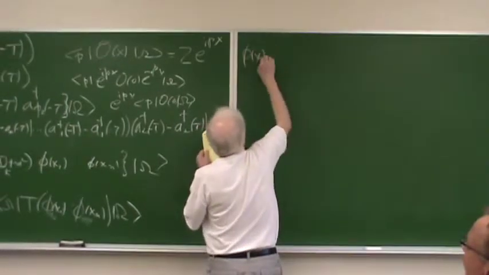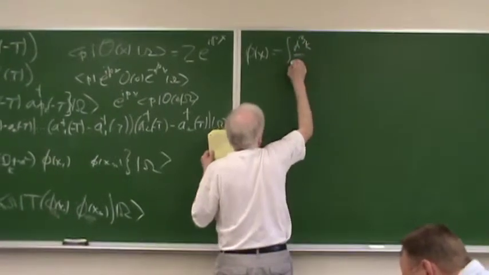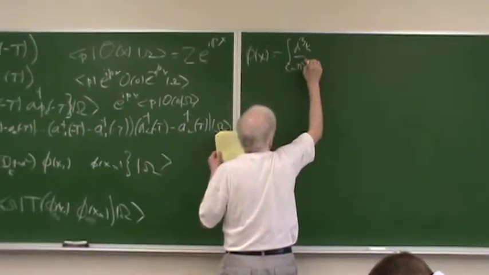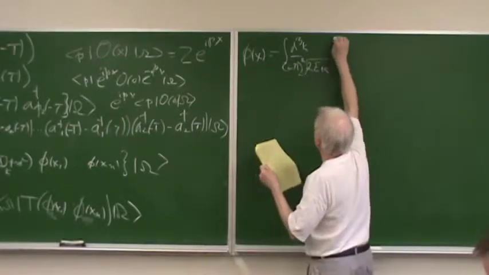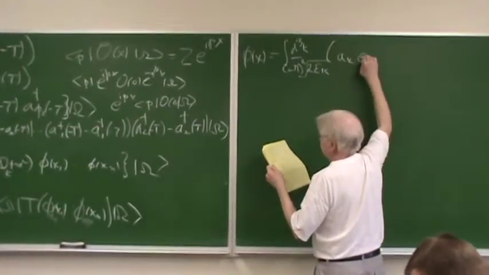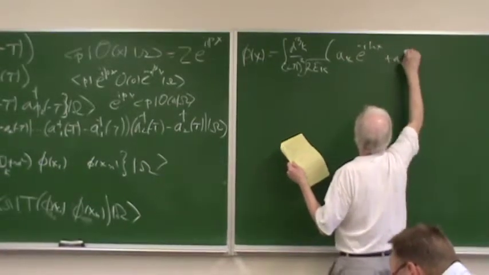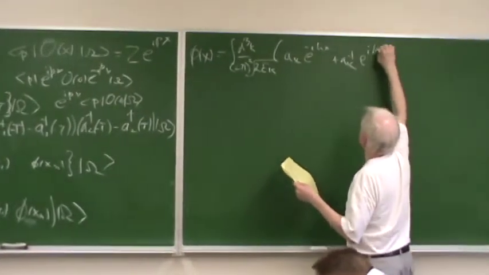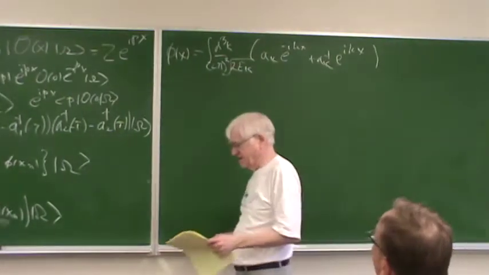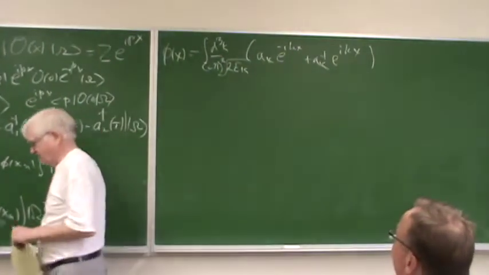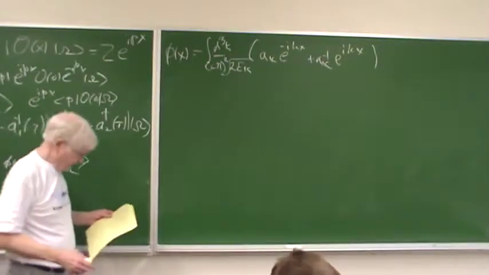Phi of x, of course, is the integral d cubed k over 2 pi cubed, 1 over 2 E k, a_k e to the minus i k x plus a_k dagger e to the i k x, and these are the Lorentzian products. E k is the on-shell energy, in other words, it's the square root of m squared plus momentum squared. All right.